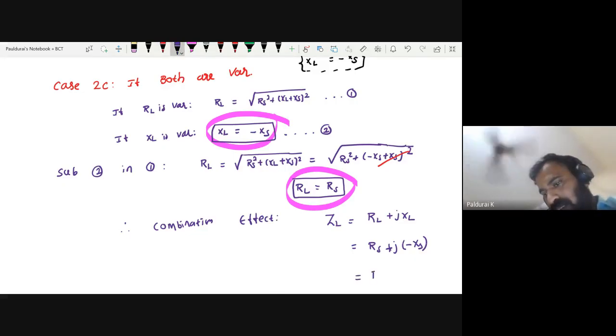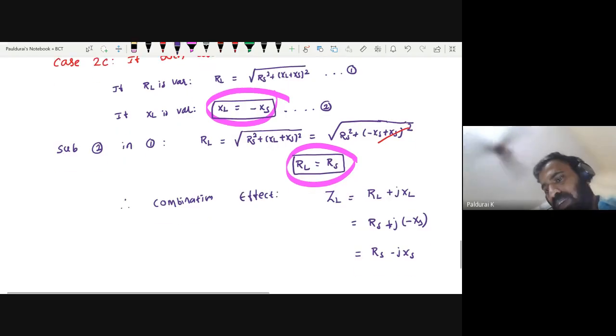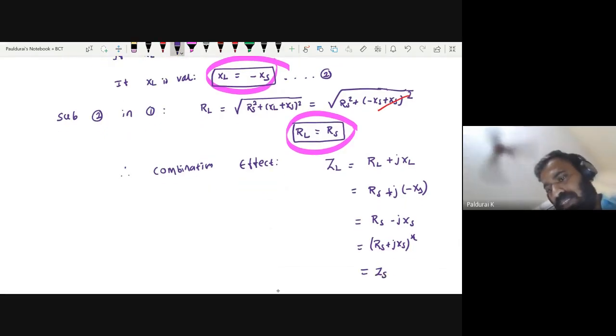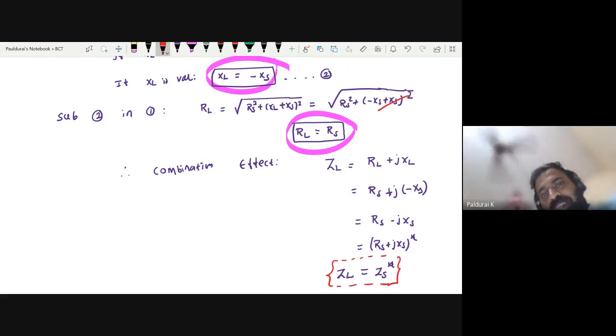What is this? It is the conjugate of Rs plus jXS, that is ZS conjugate. ZL equals ZS conjugate. Very important derivation for EC people.